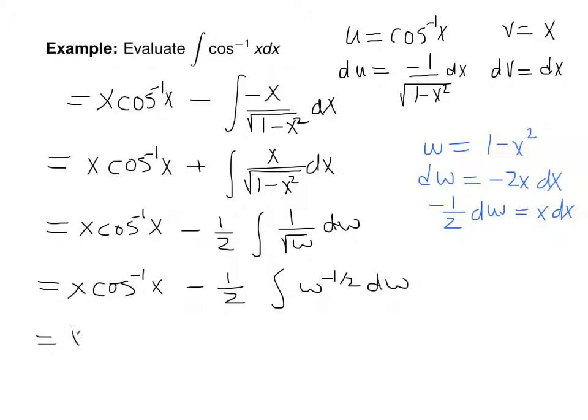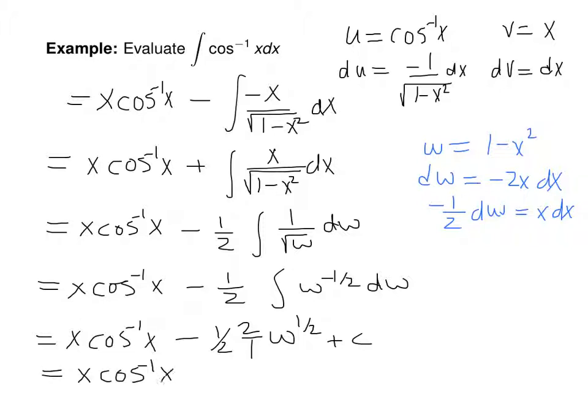So we'll have x cosine inverse of x minus 1/2 times the antiderivative of w to the negative 1/2, which is w to the 1/2 times 2 over 1, plus c. And just reinsert what w is. So our antiderivative is x cosine inverse of x minus the square root of 1 minus x squared plus c.